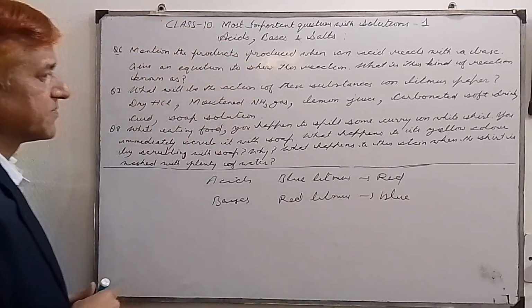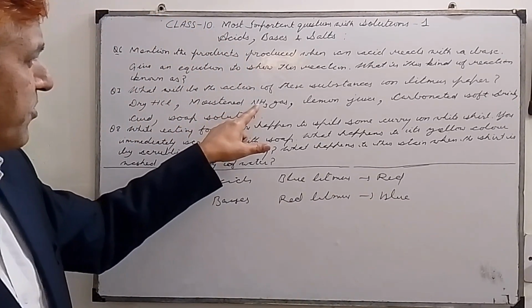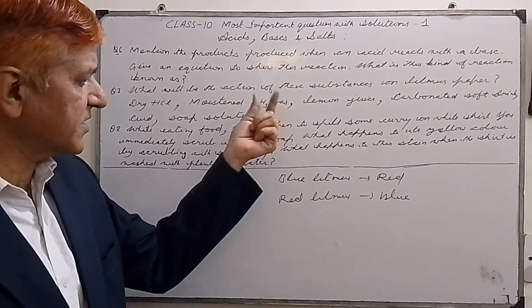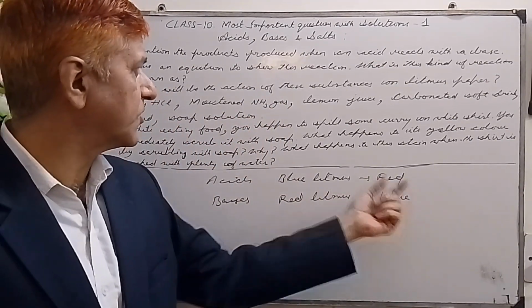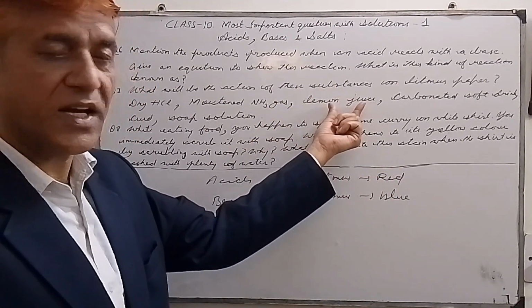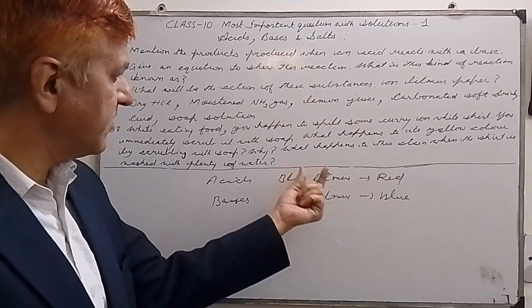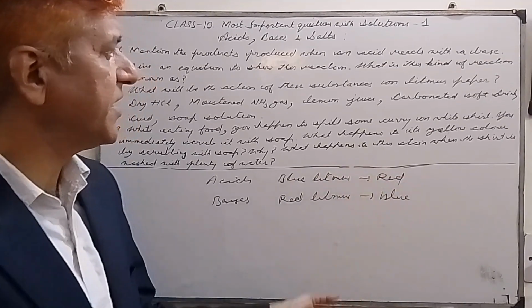So please remember this. Now ammonia gas is basic in nature, so it will turn red litmus paper blue. Lemon juice, acidic in nature, it will turn blue litmus paper red.